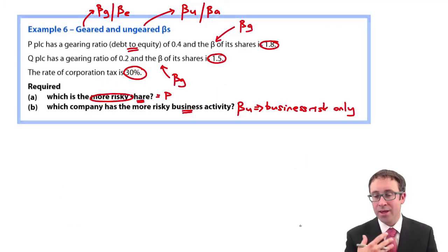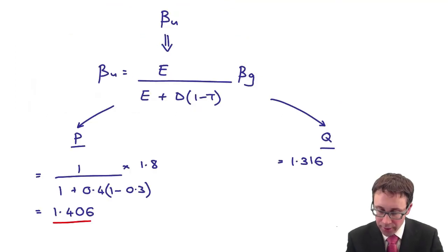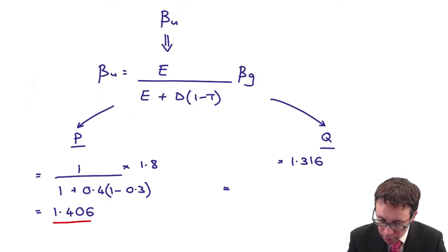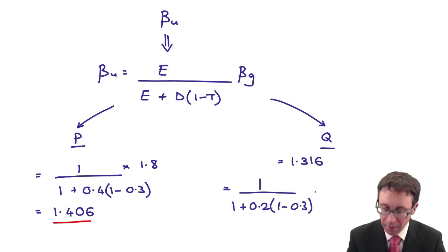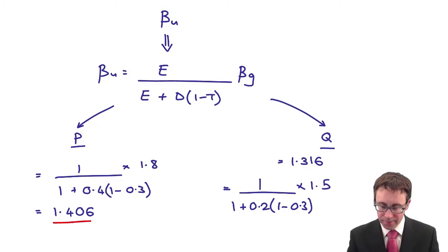So 1.316. Where did that come from? Well, the geared beta is 1.5 and the debt to equity ratio is 0.2. So it's 1 over 1 plus 0.2 multiplied by 1 less 0.3, times the 1.5. Work out the brackets first. 1 less 0.3 is 0.7, times 0.2 is 0.14.